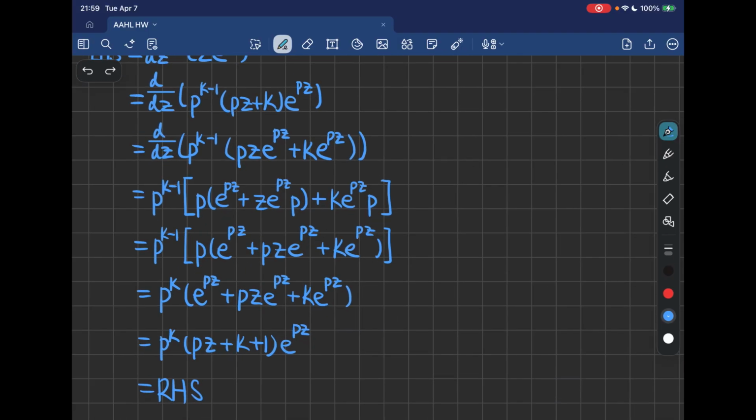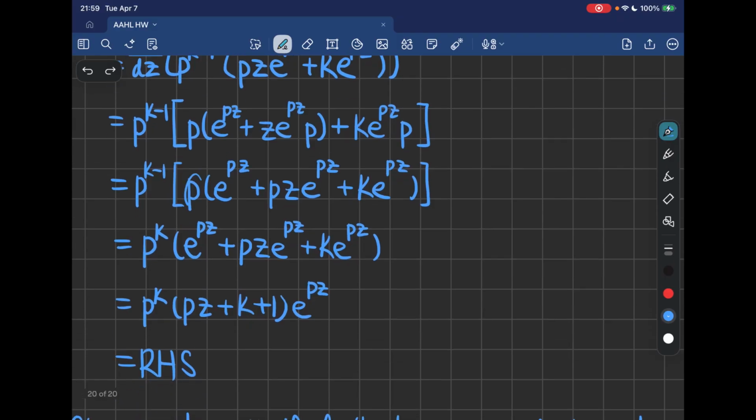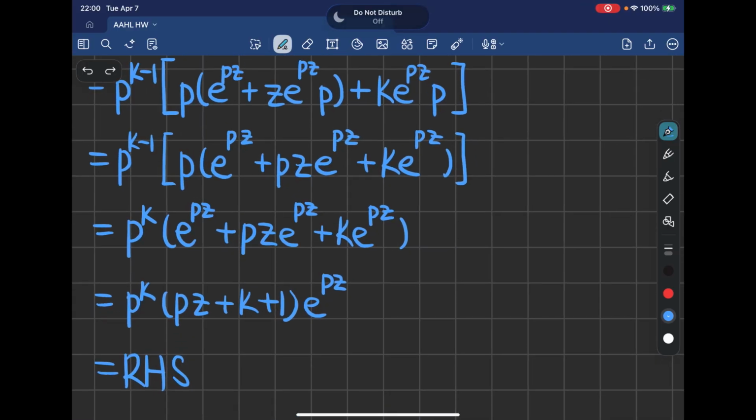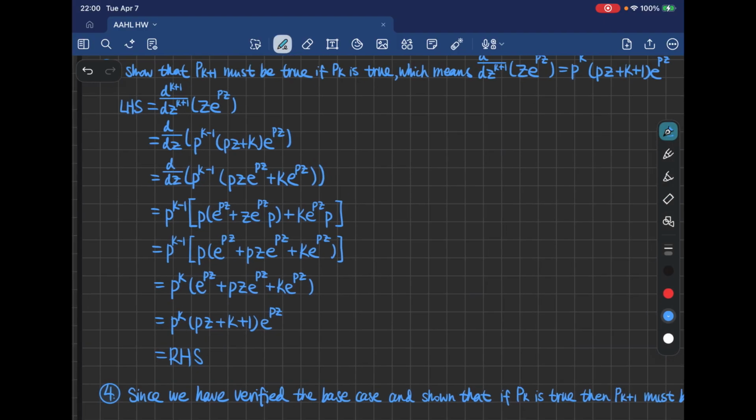How do we approach it? So we have p to the power of k minus 1, and then we have p inside. So why not let's multiply this and this. So now we have p to the power of k minus 1 plus 1, which is equal to p to the k, sorry. Yeah, so we have p to the power of k already.